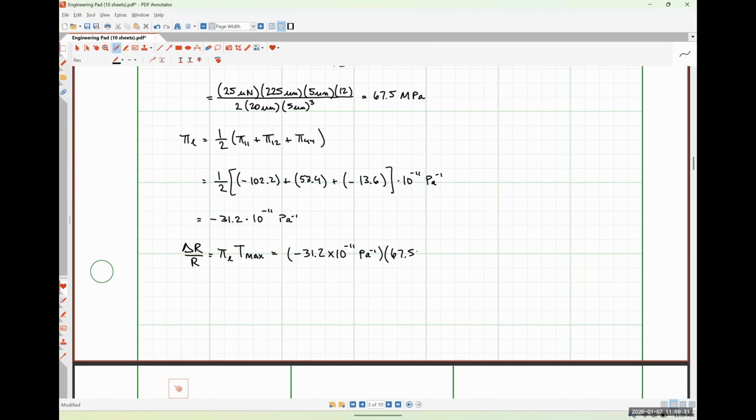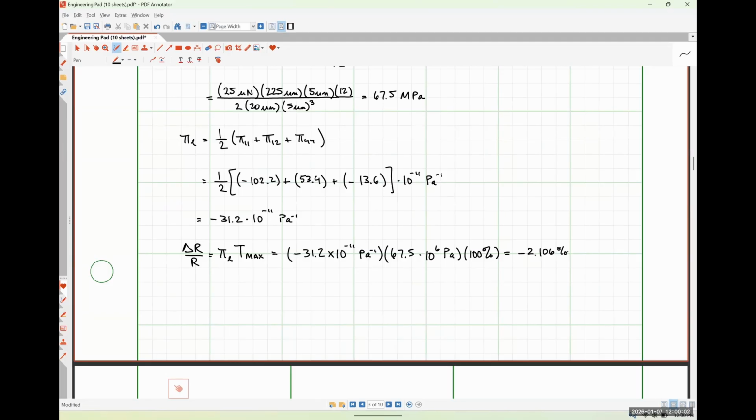So that would be times 10 to the positive 6 pascals, times 100% gives us a fractional change of negative 2.106%. So that 25 micronewton force causes our resistance to change by a little over 2%.